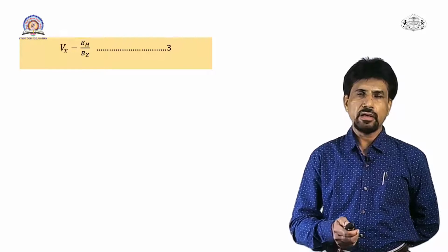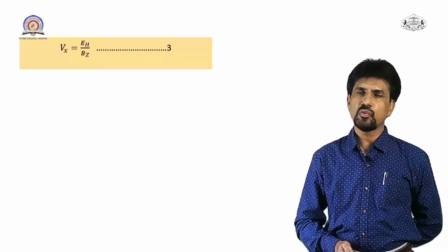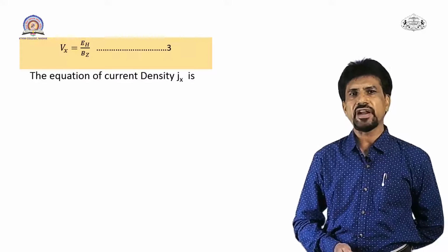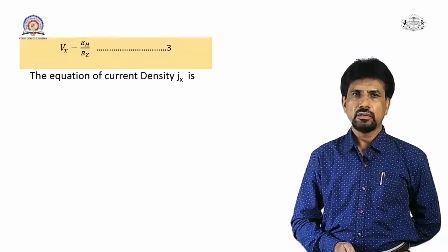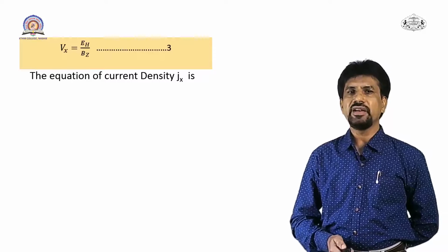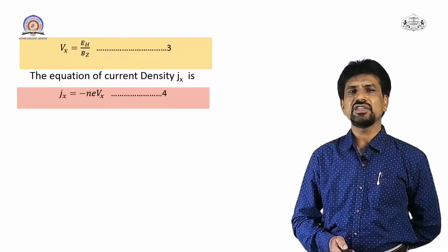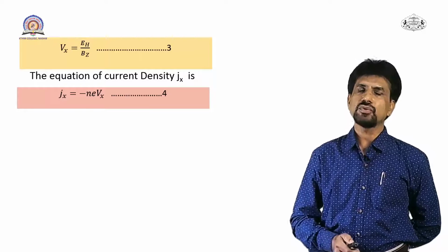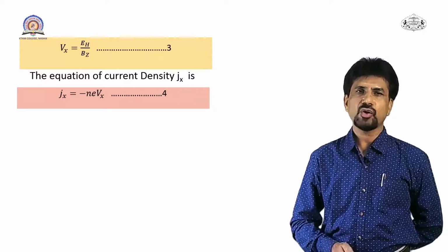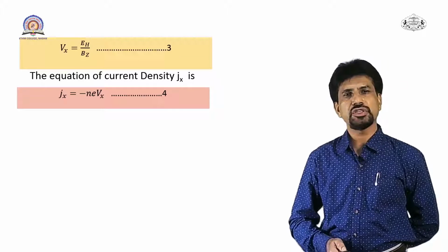Therefore, expressing this equation in terms of the drift velocity, Vx is equal to E_H divided by Bz. Now we know the current density can be written in terms of the number of electrons present in the conductor, the charge on the electron, and the drift velocity of the electron.